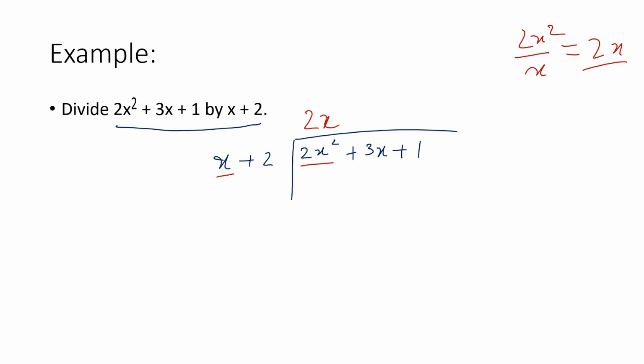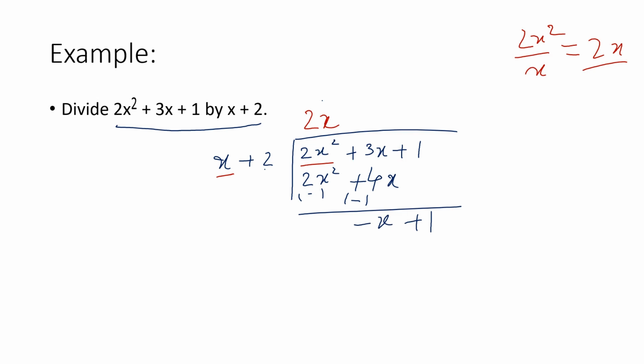Now what we get here is 2x square. Again, this 2 multiplied by 2 gives us 4x. Now subtraction. Here subtraction. This as it is. What we get is minus x plus 1.